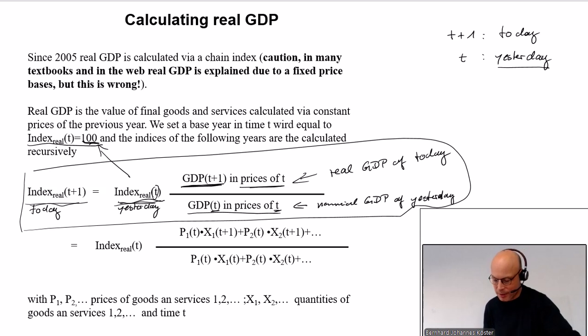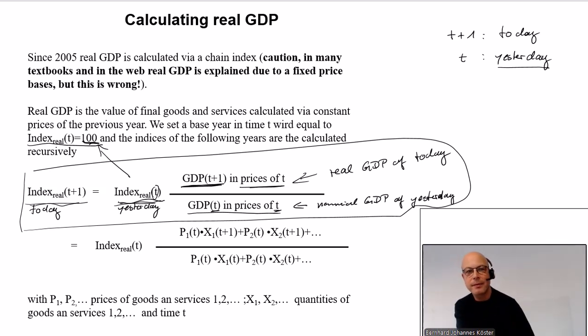Sometimes in textbooks this concept of how to get rid of the price effect is only explained via this fixed price basis, which we have talked about in the beginning. Well, this is maybe a little bit easier to understand, but I think I have to show you a little bit more complicated, so-called chained definition, because here this number is depending on its number in history.